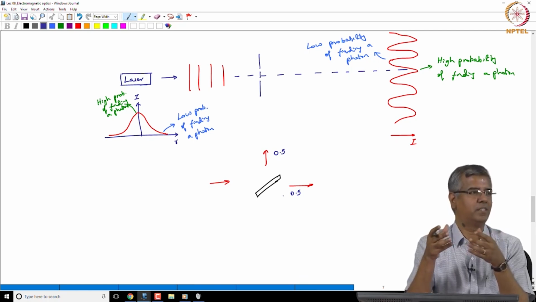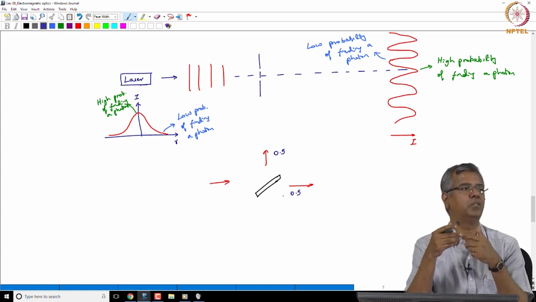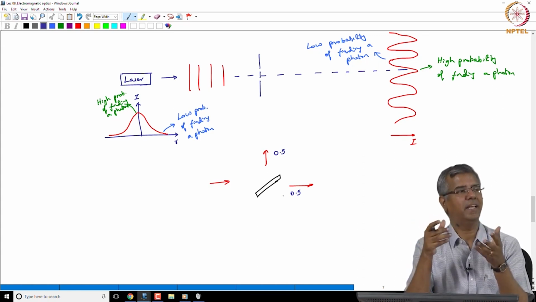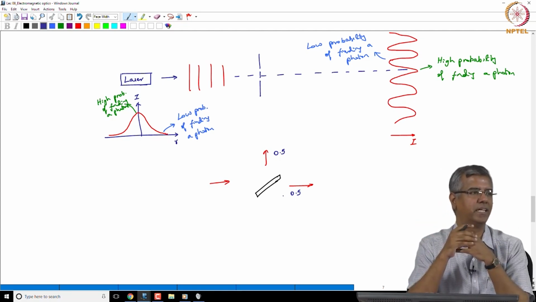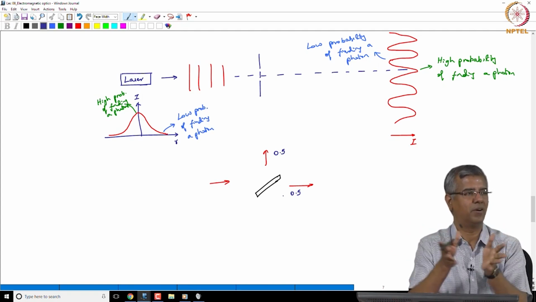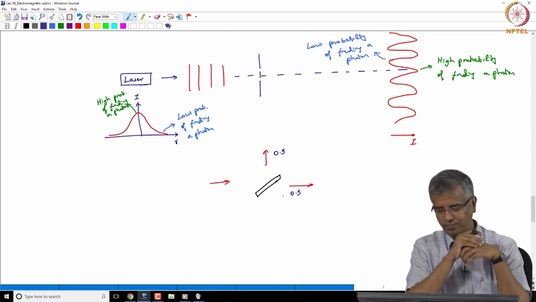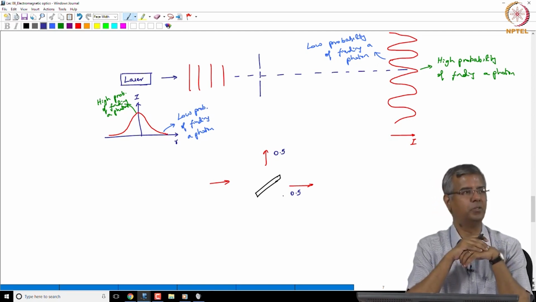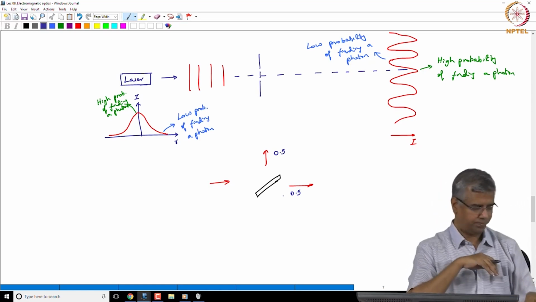Actually, that is a hypothetical situation, because if you have a certain intensity, you either have reflection, refraction, scattering, or absorption, but you have to account for all that intensity. So as long as energy is conserved, the photon probabilities need to add up to 1. So we are not introducing anything new here.